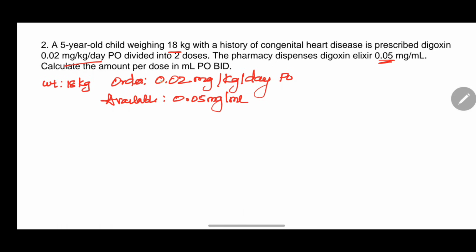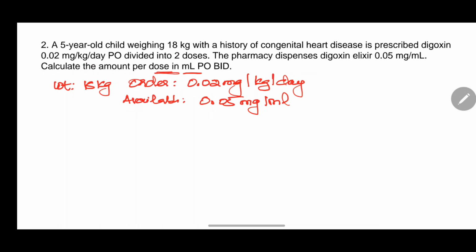Calculate the amount per dose in ml, oral, for BD dose. So we have to calculate for 1 dose, not for 1 day. The order they have given is per day, but we have to calculate per dose. So we have to read the question very carefully.